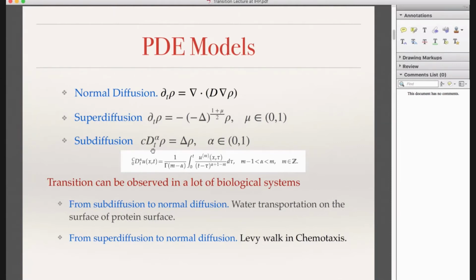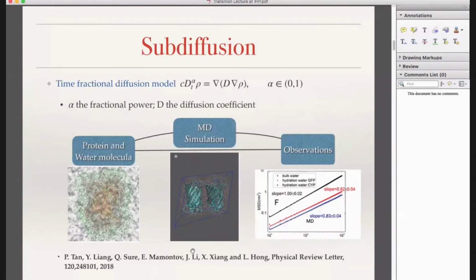The first is the transition from subdiffusion to normal diffusion, observed when people look at water transportation on the protein surface. The second is the transition from super diffusion to normal diffusion, which happens in E. coli chemotaxis.